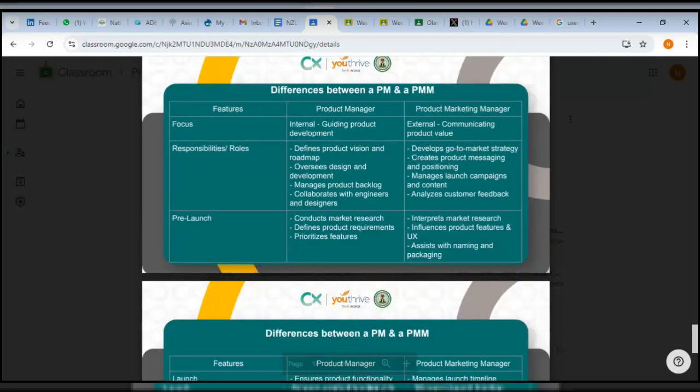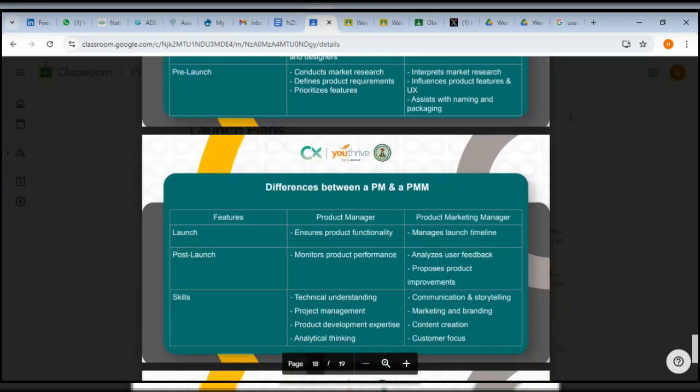For a PMM, they interpret market research and they influence product features and UX, that's user experience. They also assist with naming and packaging, because part of what you would do for your branding is even the naming. The name that you choose would have to reflect the services or the product that you are rendering.